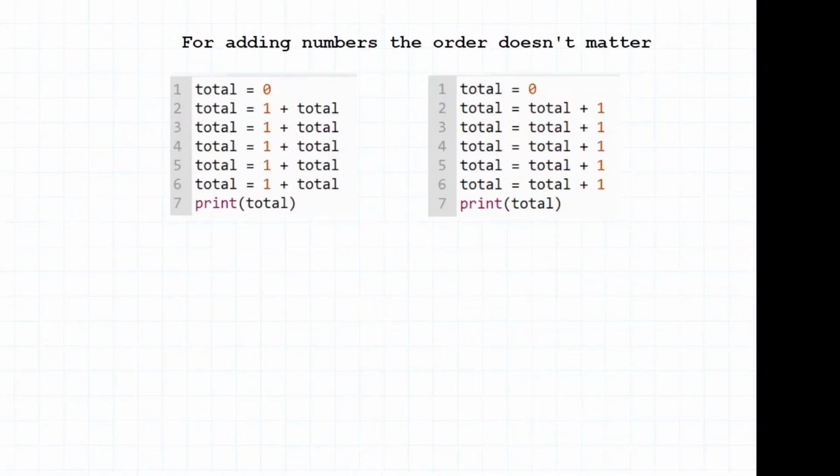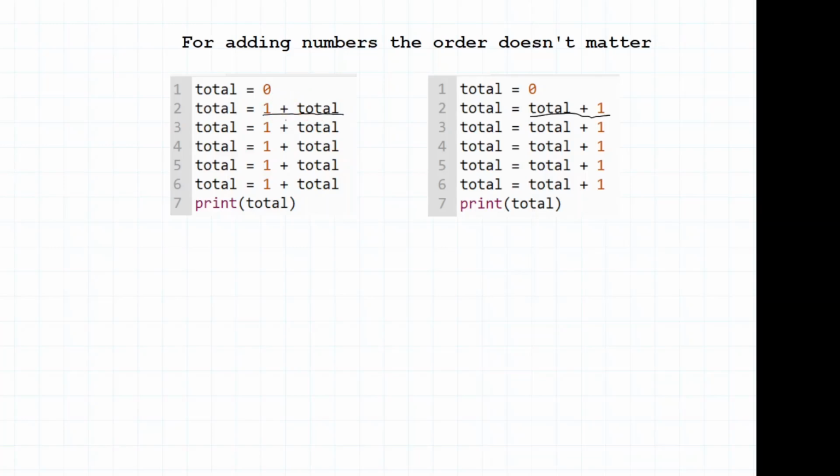When you are adding numbers, the order you accumulate them in does not matter. So what I mean by that is, if I want to add 1 to the total, I can add 1 plus the total, or I can say the total plus 1. Either way, it will make no difference, because when the computer comes to this variable total, it's going to go into memory, get whatever value it has, and add to it.